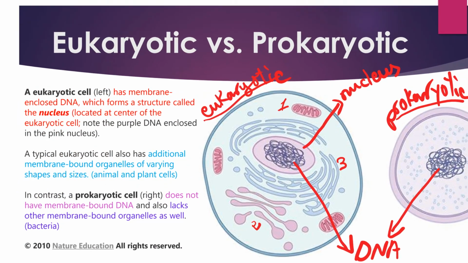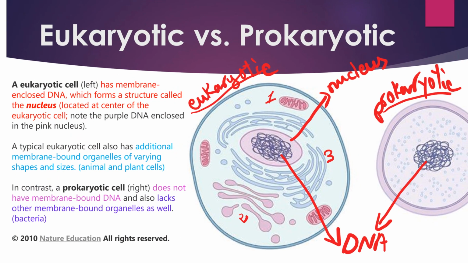Just to recap, today we've talked about the definition of the cell as the basic unit for life. We've also discussed that there are organelles, which are small organs inside of the cell that perform specific functions. Finally, we've addressed the difference between a eukaryotic cell and a prokaryotic cell.